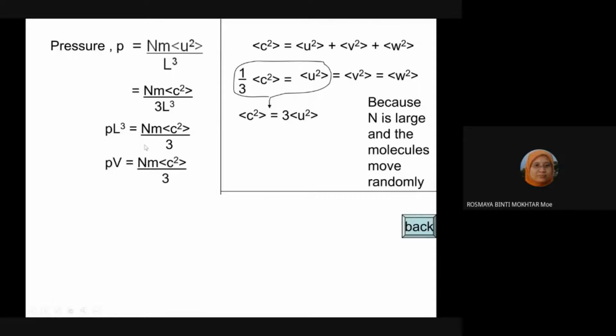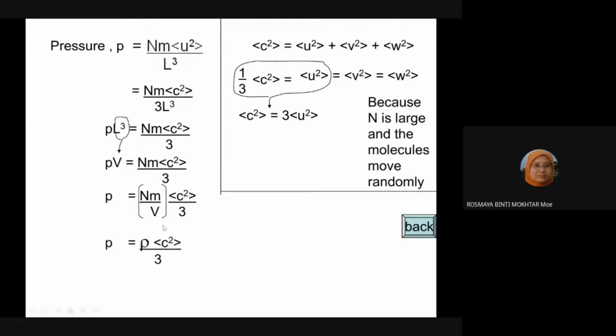L cube is the volume, because the container we imagined just now is a cube. So L times L times L is actually a volume, and we write capital V here. Next, we bring it to the right side and it becomes Nm per V.